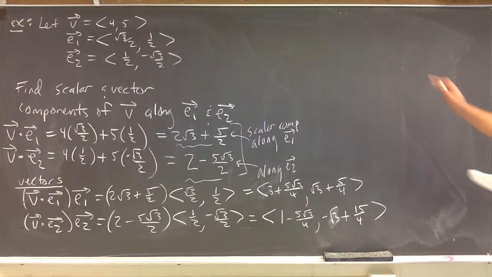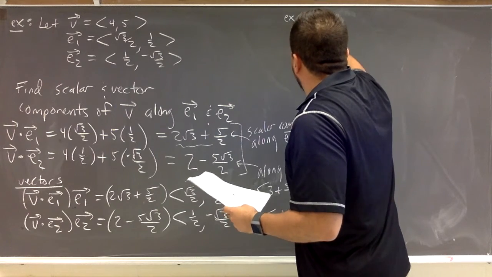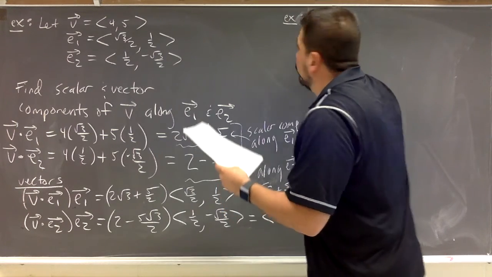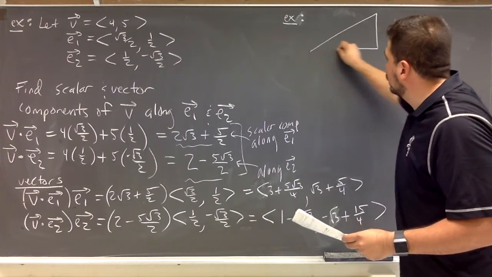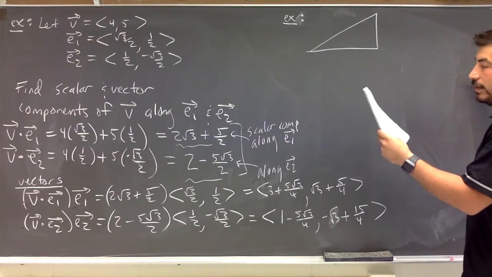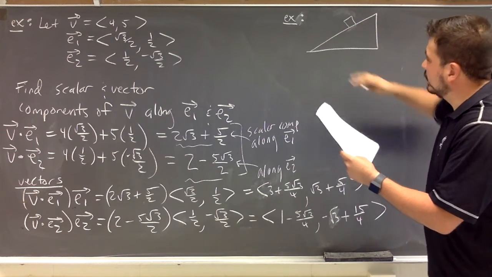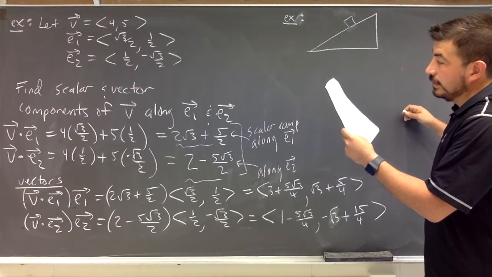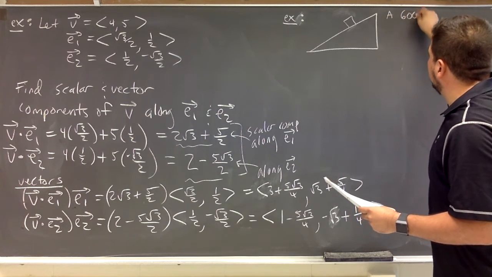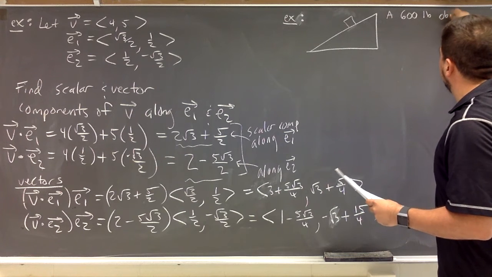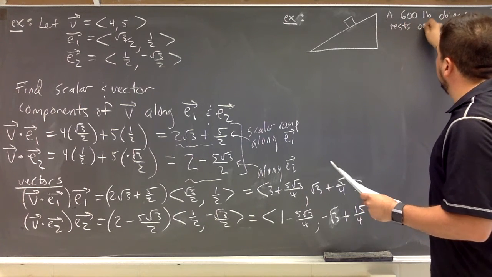Moving on. So now let's look at a quick example. Let's say we have a ramp. We have an object on this ramp. There's my object. Let's say it's 600 pounds.